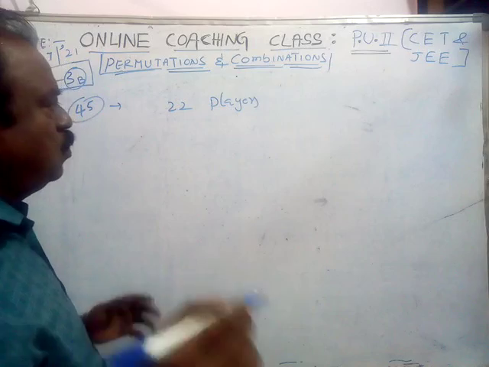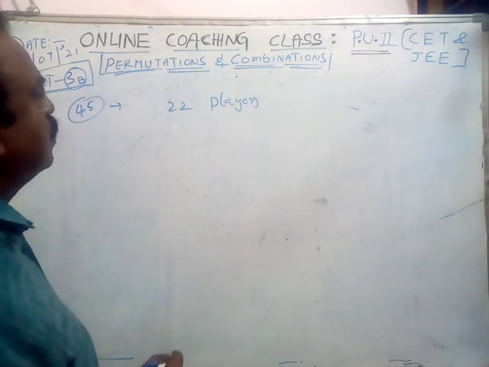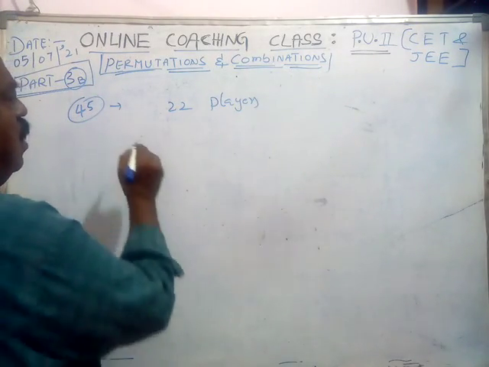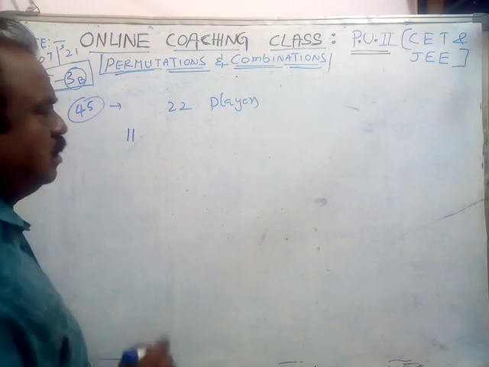Out of you, 22, you are also one of them. But we have to select only 11.